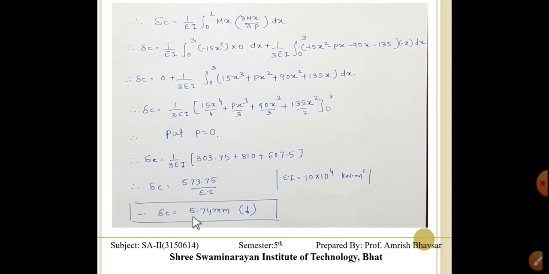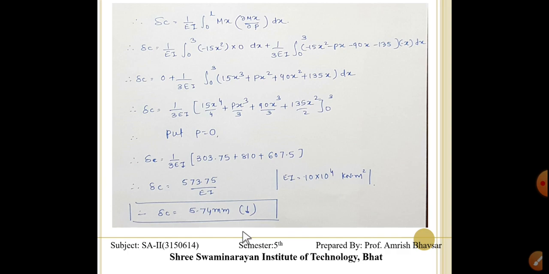We know that whenever a cantilever deflects, the deflection must be maximum at the free end. So at B we get the deflection 18.22 that we found before, and at C it is 5.74. So at B it is maximum and at C it is 5.74.